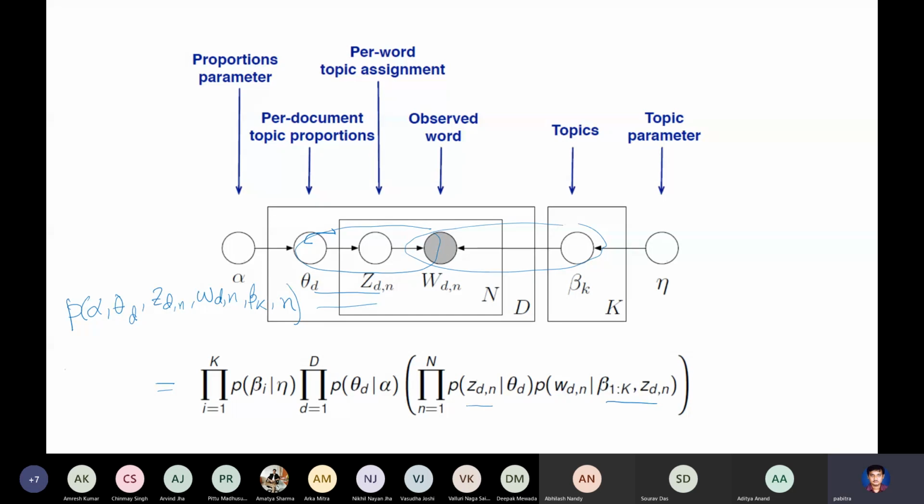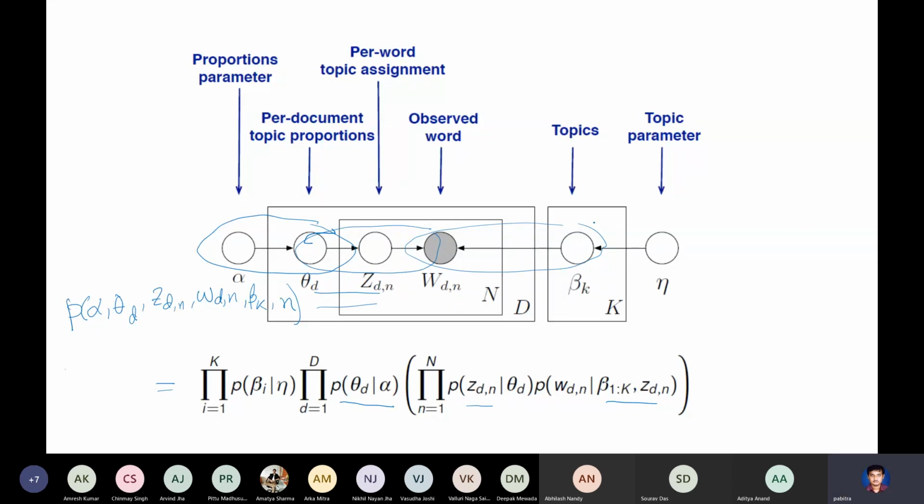And now let us look at theta d. So theta d has only one parent, alpha. So it is P of theta d given alpha, and this again is a replicated plate, and every document is independent of the other. So I have a product d times. This is another factor. So this takes care of this edge, this link.